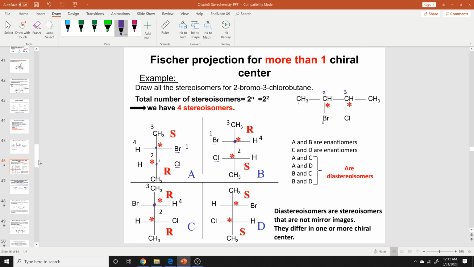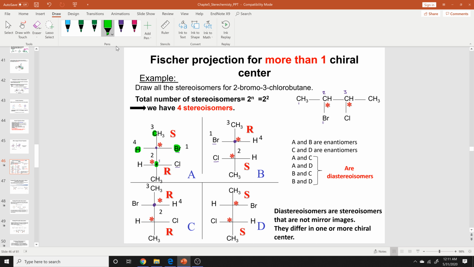Now, to label the configuration around the chiral center in a Fischer projection, you simply look at your chiral center and see the groups that are connected to it. So, for example, that chiral center is connected to a bromine, it is connected to a carbon. See, I'm highlighting the carbon, I didn't highlight the whole CH3. It's connected to a hydrogen and it's connected to this carbon.